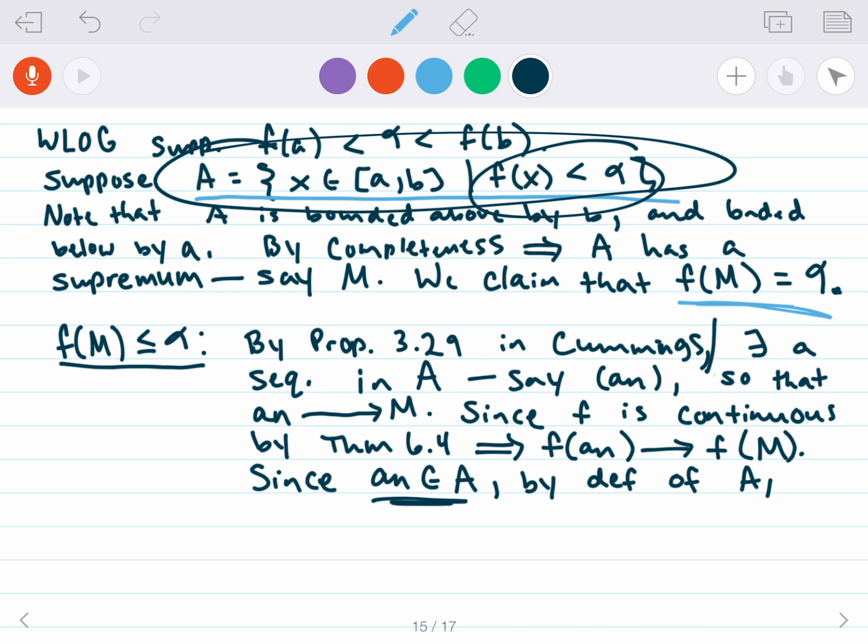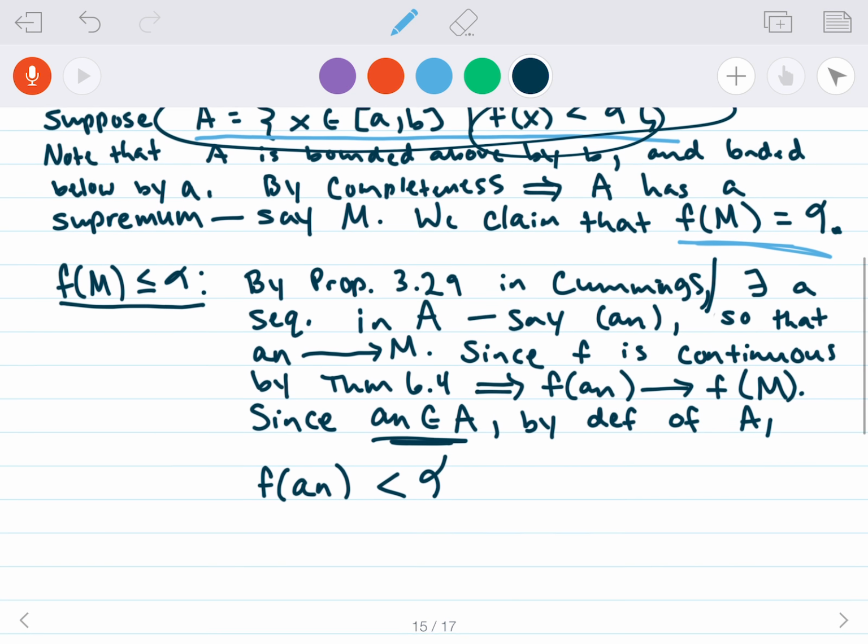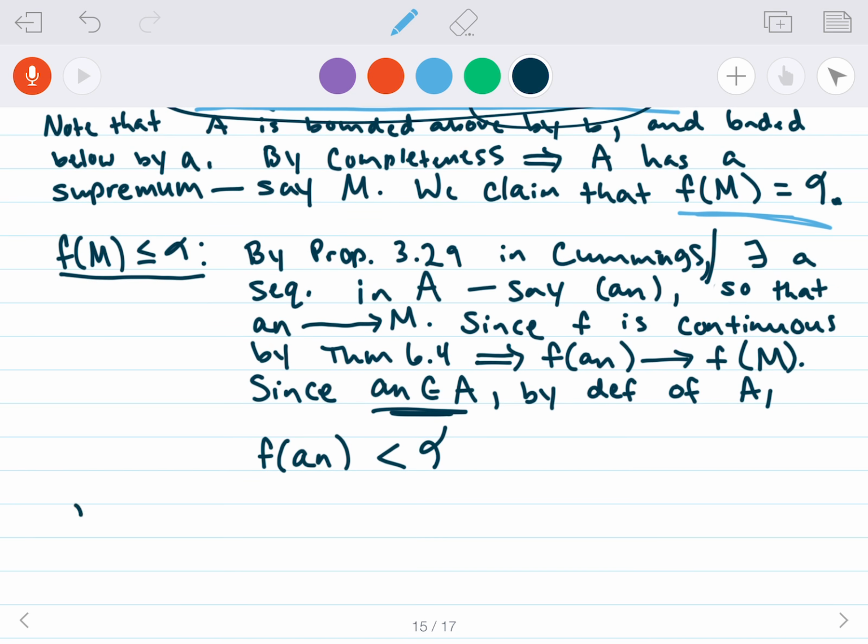So by definition of A, we have that f of a(n) is less than alpha, right? And so, by convergence, we're going to have f of M is the limit as n goes to infinity of f of a(n). And it's not going to just be strictly less than alpha, because we're talking about limits here. It's going to be less than or equal to alpha.